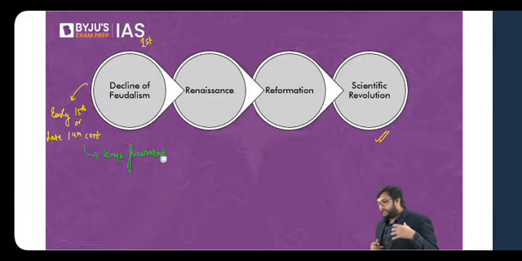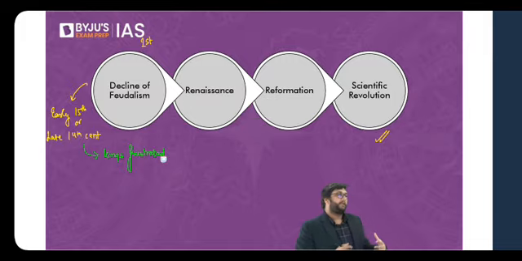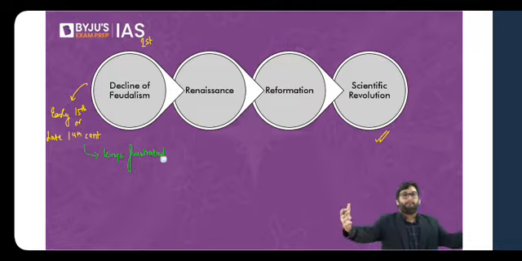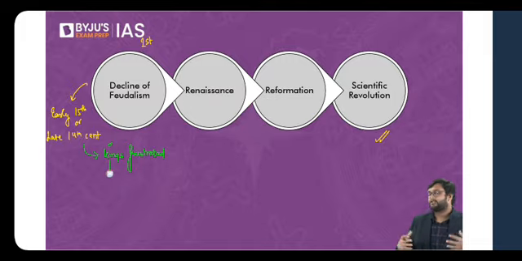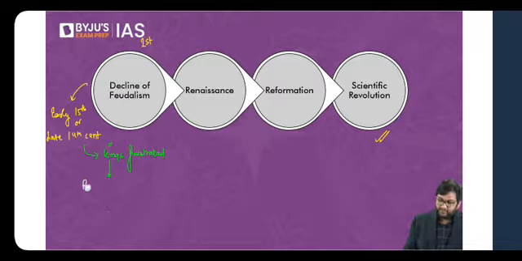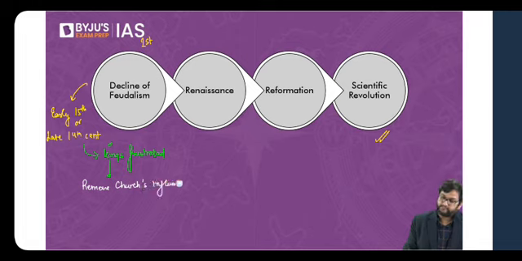And what they will basically do is that they will start to appropriate power, or what we call consolidate power. The kings will start to consolidate power, and they will remove the church's influence over them and consolidate power.